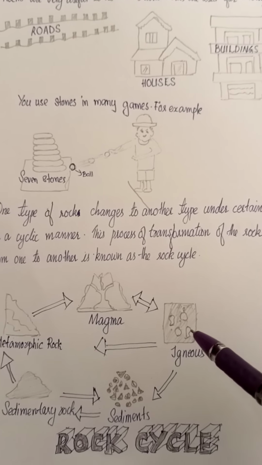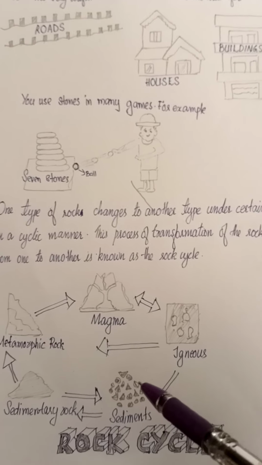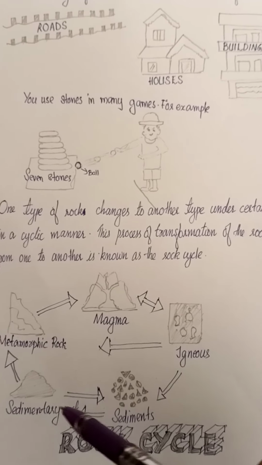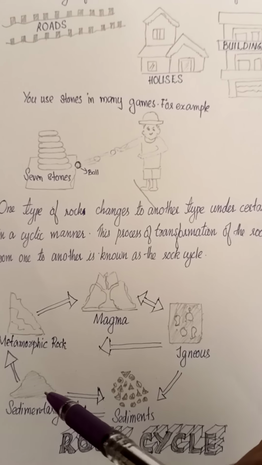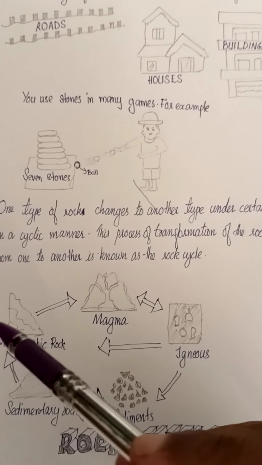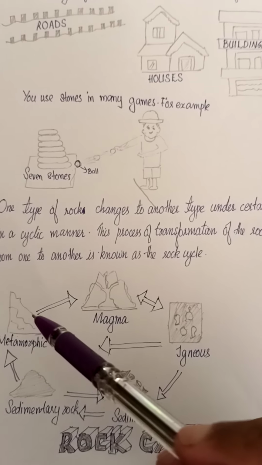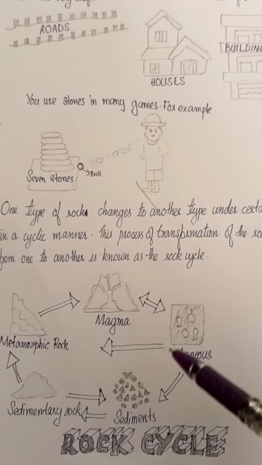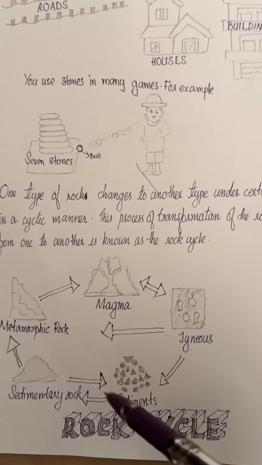Igneous rocks, due to certain conditions, become sediments. These sediments join together to form sedimentary rocks. Sedimentary rocks, due to high pressure and heat, transform into metamorphic rocks. Again, these metamorphic rocks transform into molten magma, and the cyclical process happens again. That is called the rock cycle.